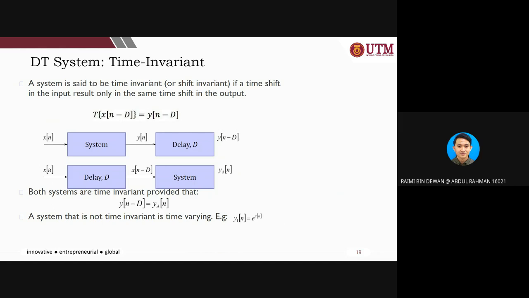In case two, you have x[n], which undergoes a delay, so there is a shift in your input signal, x[n minus t], and then it goes through the system. Then it produces your y_d[n].